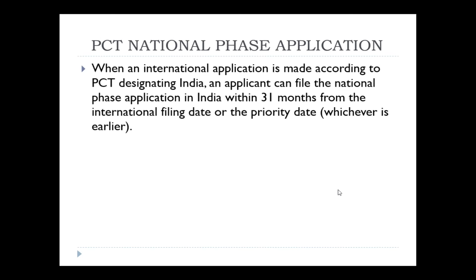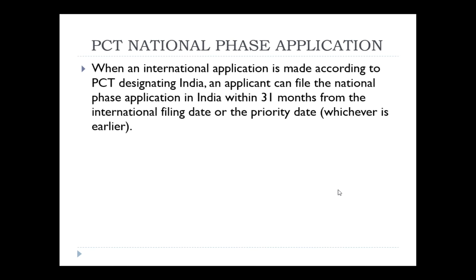Okay, and I'll mention the term NP, right? That is what I have mentioned here again. PCT National Phase Application. When an international application is made under PCT designating India, an applicant can file the national phase application in India within 31 months from the international filing date or priority date, whichever is earlier.